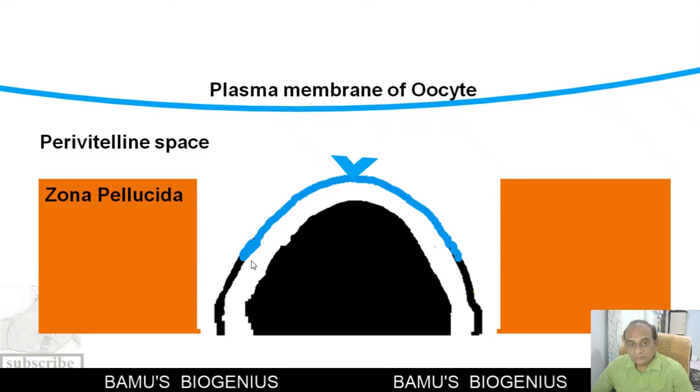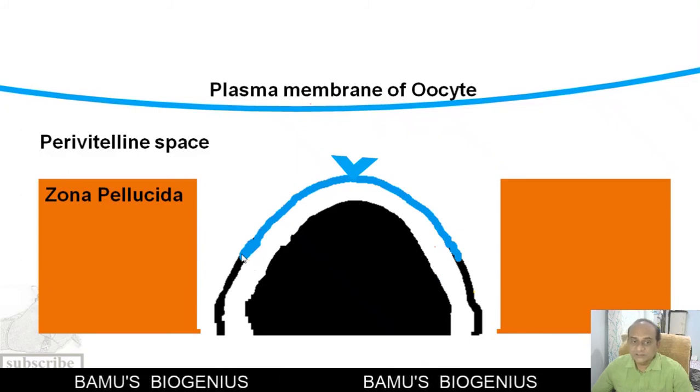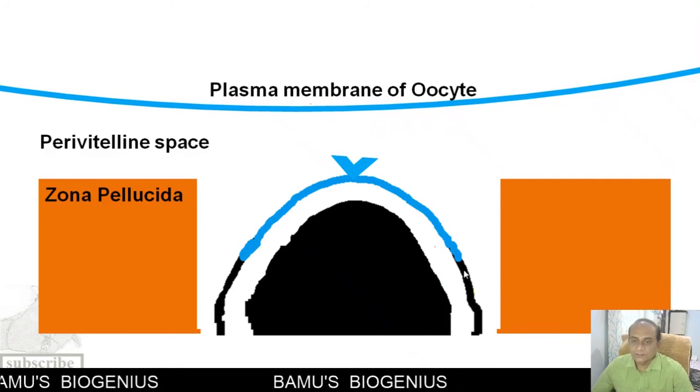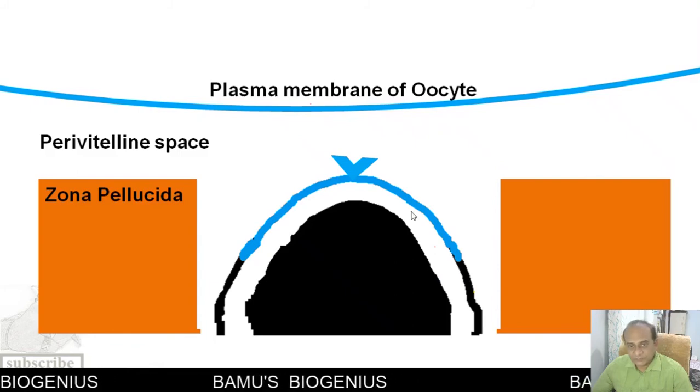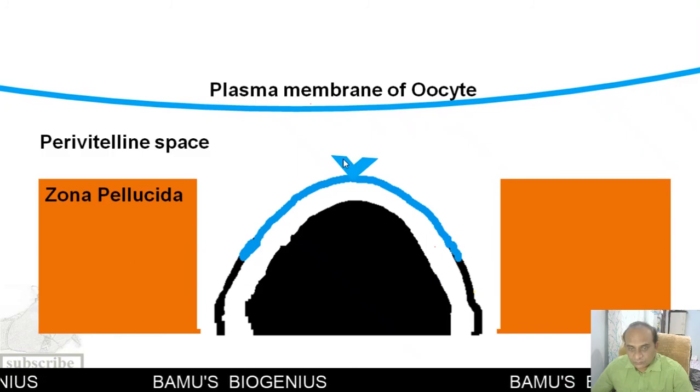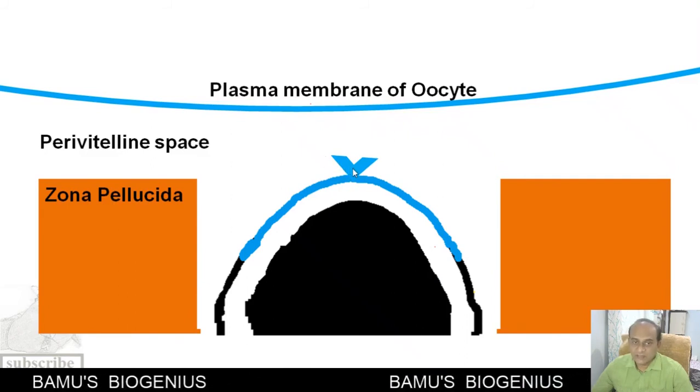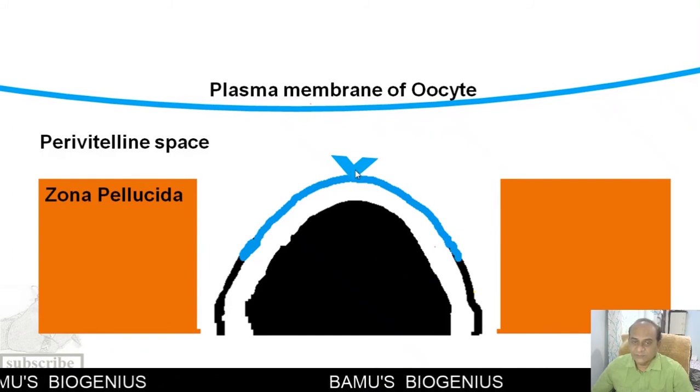Now see what the effect of the acrosome reaction is. A part of the inner membrane of the acrosomal vesicle fuses with the plasma membrane of the sperm, and because of that, those proteins which were hitherto hidden inside the acrosomal vesicle are now exposed to the external environment, or we can say they are exposed in the perivitelline space.